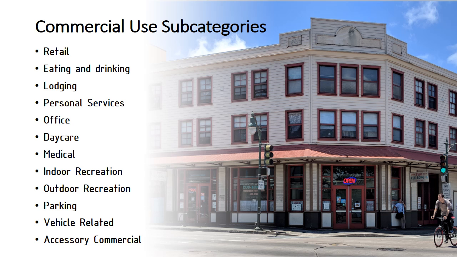The commercial use category has 12 subcategories: eating and drinking, lodging, personal services, office, daycare, medical, indoor recreation, outdoor recreation, parking, vehicle-related, and accessory commercial. Each of these subcategories has a list of land uses, so let's break it down.